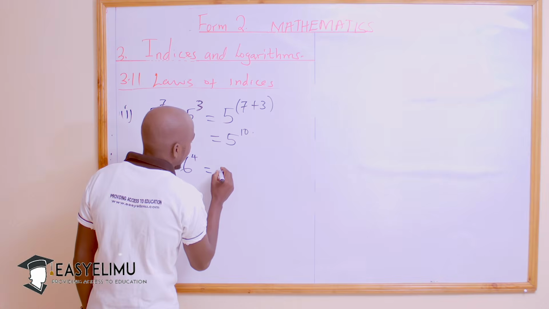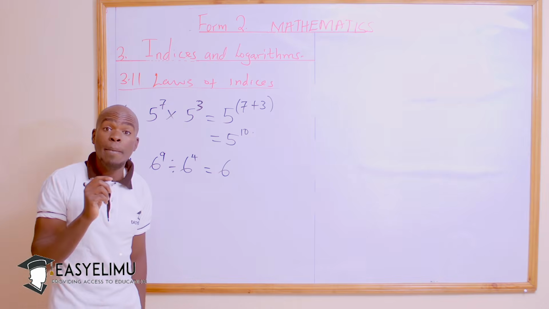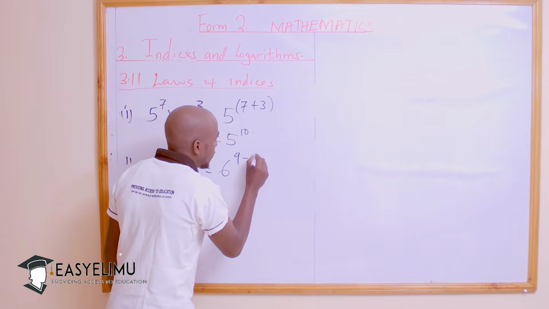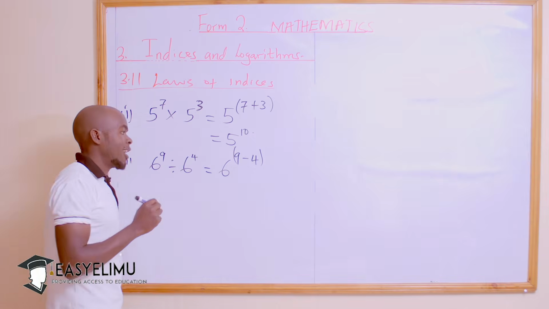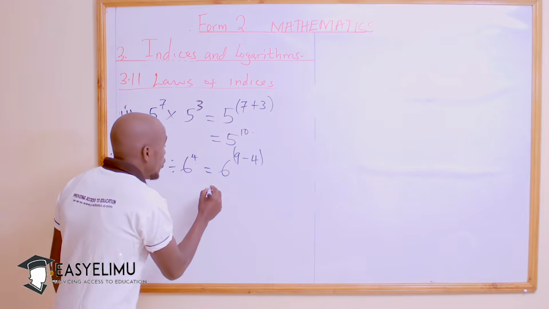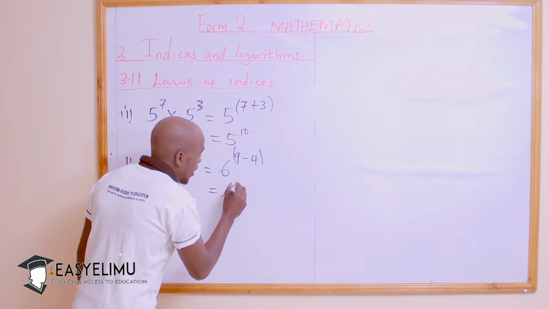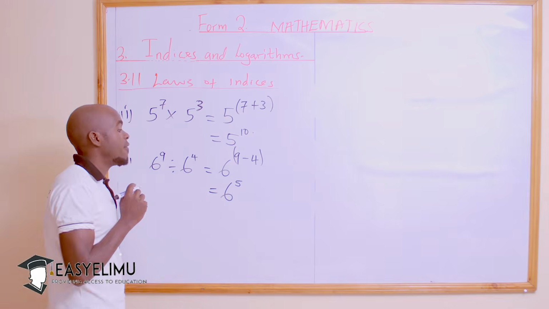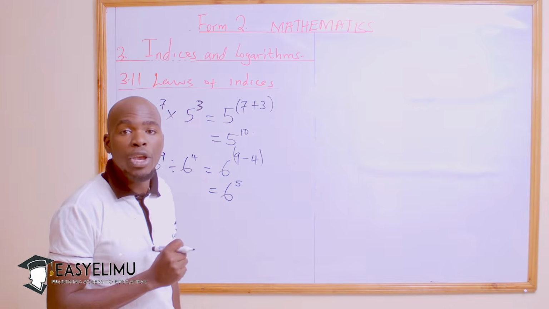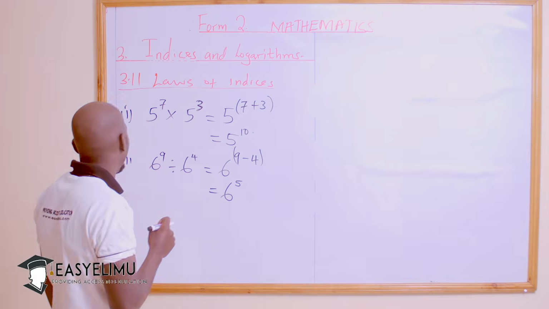Since you have the same base, you will end up having 9 minus 4, as the second rule of indices says. So you will end up with 6^5, and that is the value of that calculation. And if you work the long way, you will still arrive at the same value.